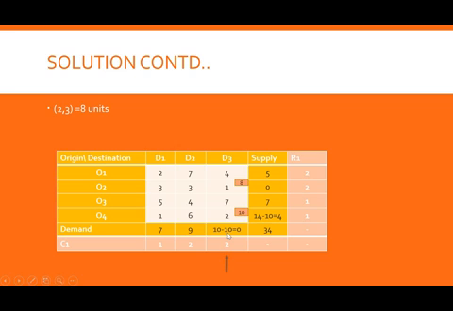Okay. Now recompute the penalties. This row is already gone. So I need not compute the row penalty for this row. For the remaining rows, 2 and 4, difference is 2. 5 and 4, difference is 1. 1 and 2, difference is 1. 1 and 2, difference is 1.